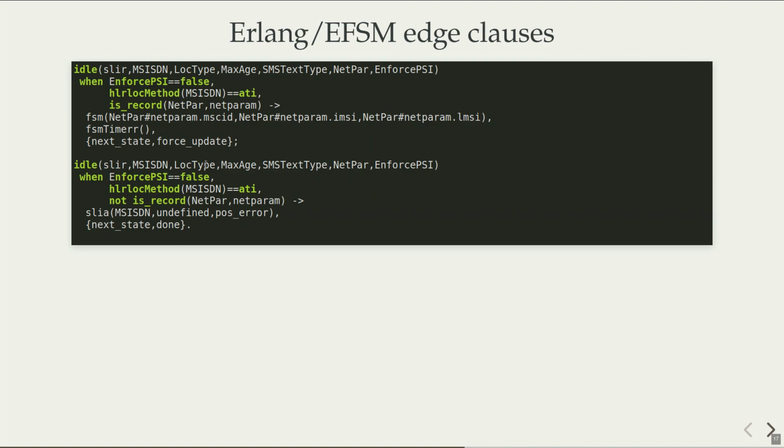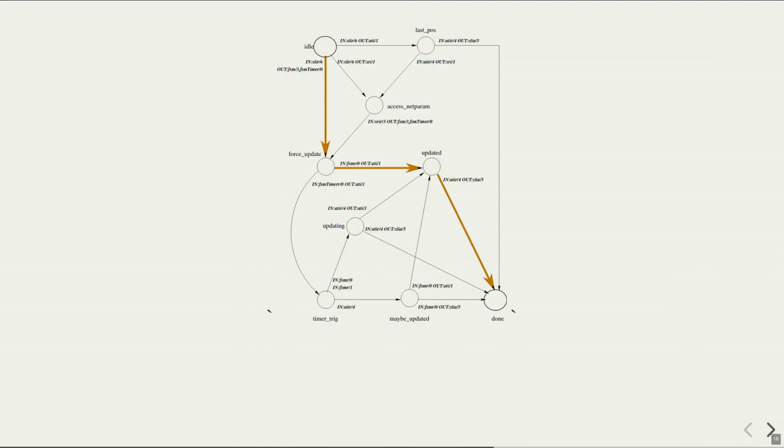As you can see, we got a slightly larger guard on this edge clause than we had in the previous picture, in the specification we started from. So then you end up with quite a large guard when you have reached here and executed all the edges.